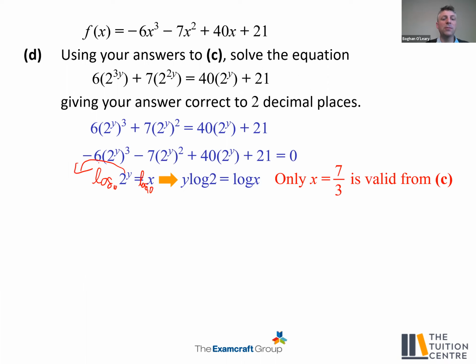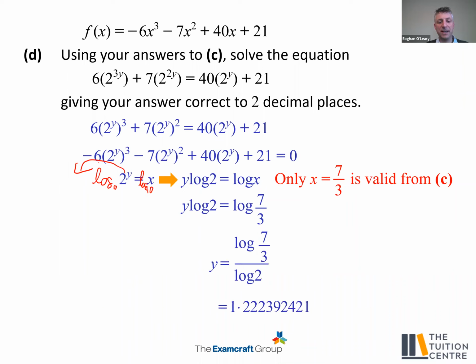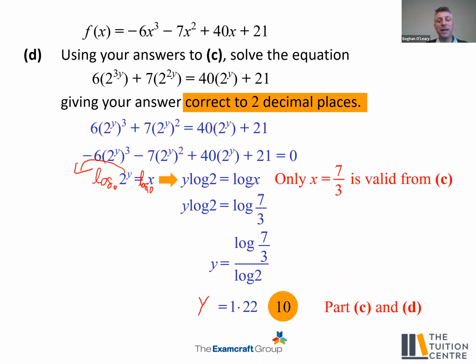I can use my power to the front law to say y times log 2 is equal to the log of x. I can sub in my 7 over 3 and divide both sides by the log of 2. When I type this into the calculator, I get that same answer, 1.2223. Corrected to 2 decimal places, I have y equals 1.22. Now that's 10 marks, and it is for part C and D combined.